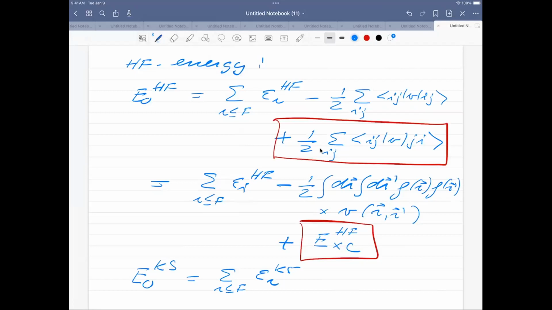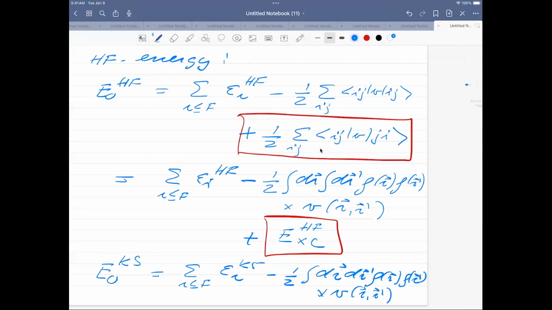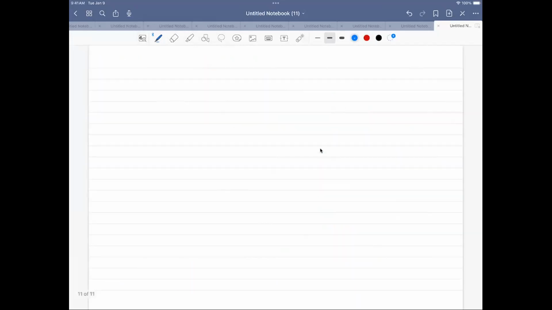And then I'm going to have this minus 1/2, and a term which goes like the integral d of R, and d of R is the same term, and then rho of R prime, multiplied with this V of R prime.